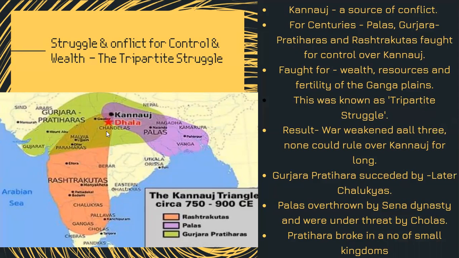But for short periods of time, definitely they ruled over Kannauj at some point or the other, right? So the result was that this continuous war between these three weakened all three of them, right? And none could rule over Kannauj for long.